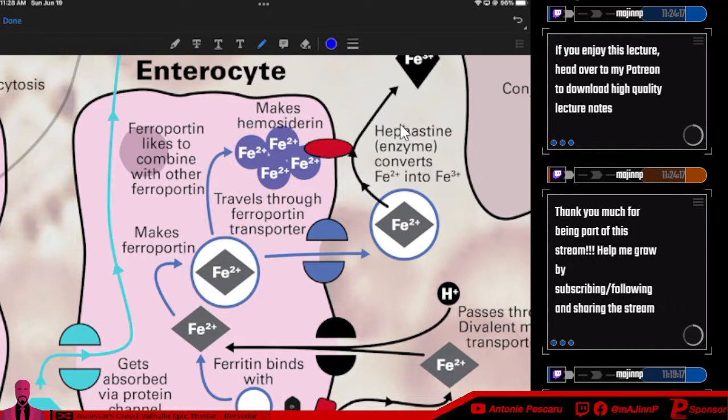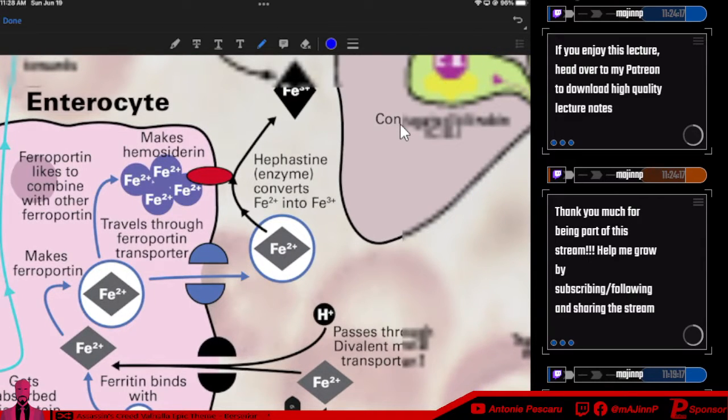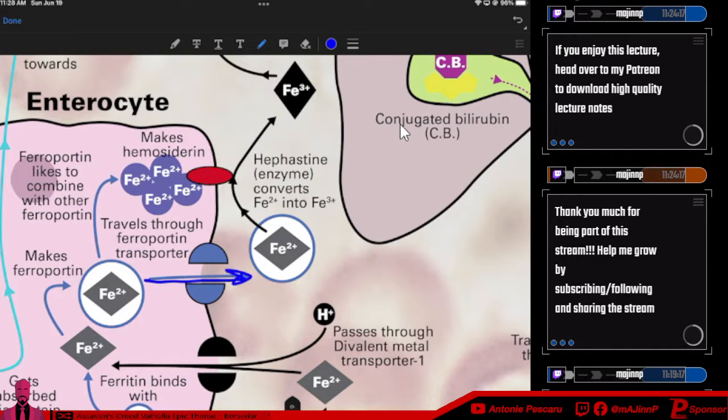Now, the second pathway, which is what interests us, because we want to get to our mature red blood cell, is directly traveling outside of the red blood cell through the ferroportin transporter. It's another protein channel which ferroportin travels through easily.